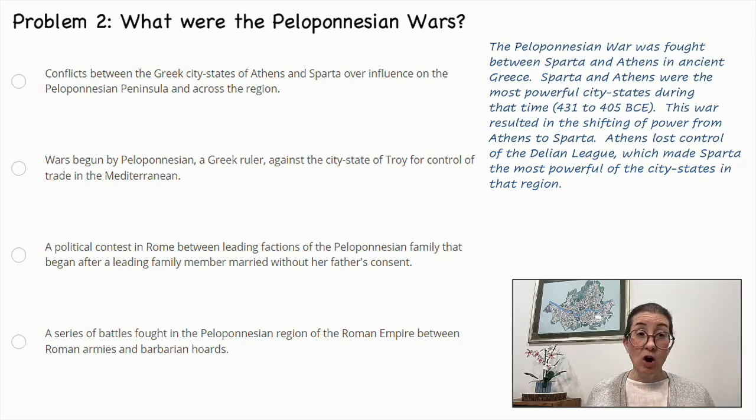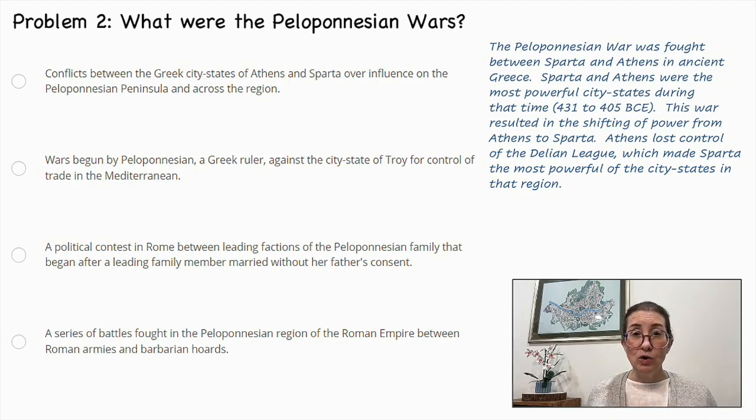A political contest in Rome between leading factions of the Peloponnesian family that began after a leading family member married without her father's consent. Or a series of battles fought in the Peloponnesian region of the Roman Empire between Roman armies and barbarian hordes. Let's look at the actual history.